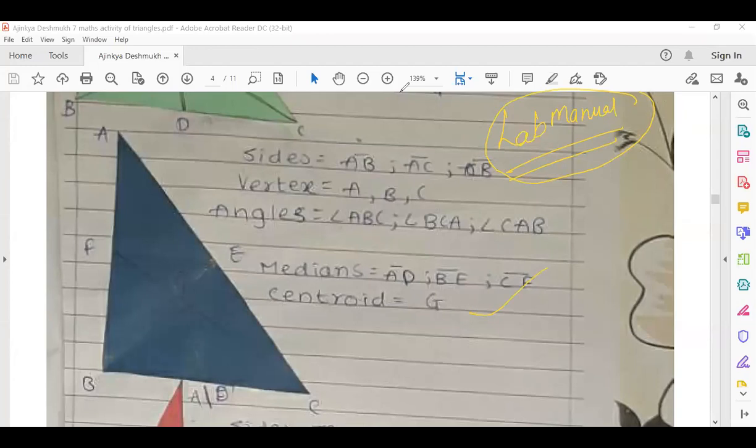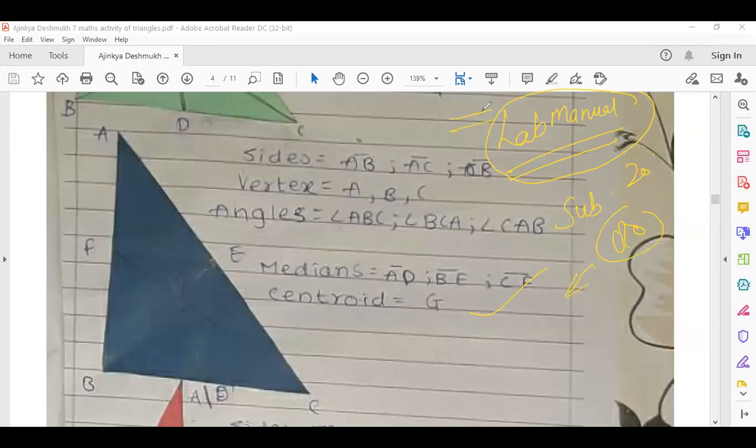Before the examination you have to submit it, because in subject enrichment your file has to be submitted to me. Otherwise 20 marks will be lost. 80 marks will be the written exam, and 20 marks will be the internal marks.